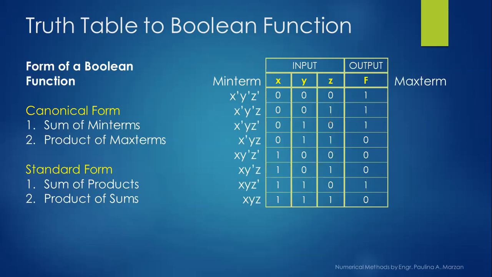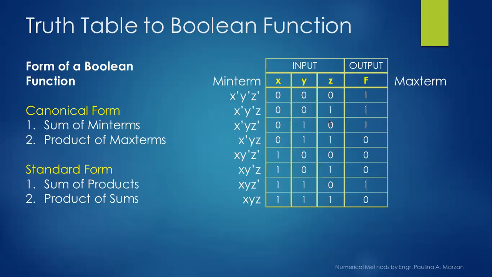Max terms are terms wherein all of the input variables are present and they are operated by OR. Now, a value of 1 will give a variable a NOT operator.